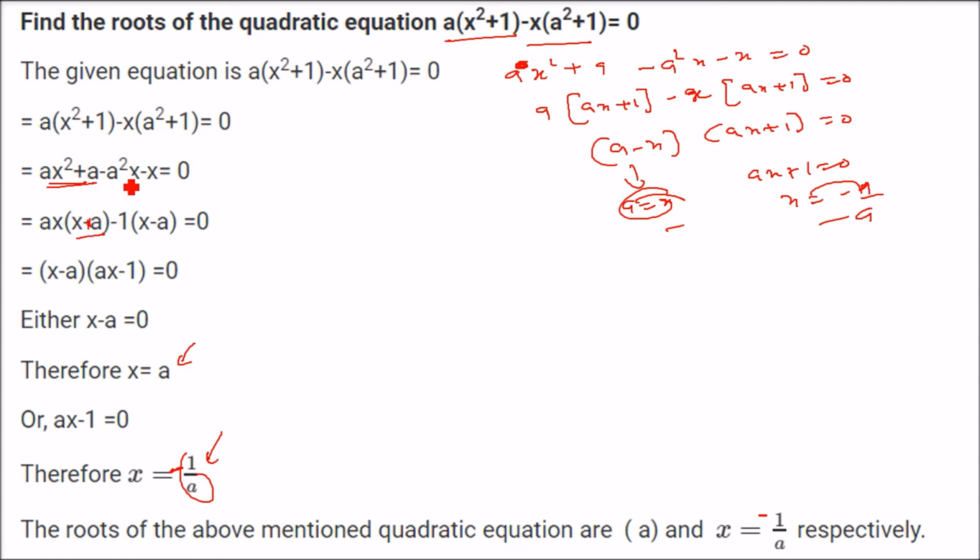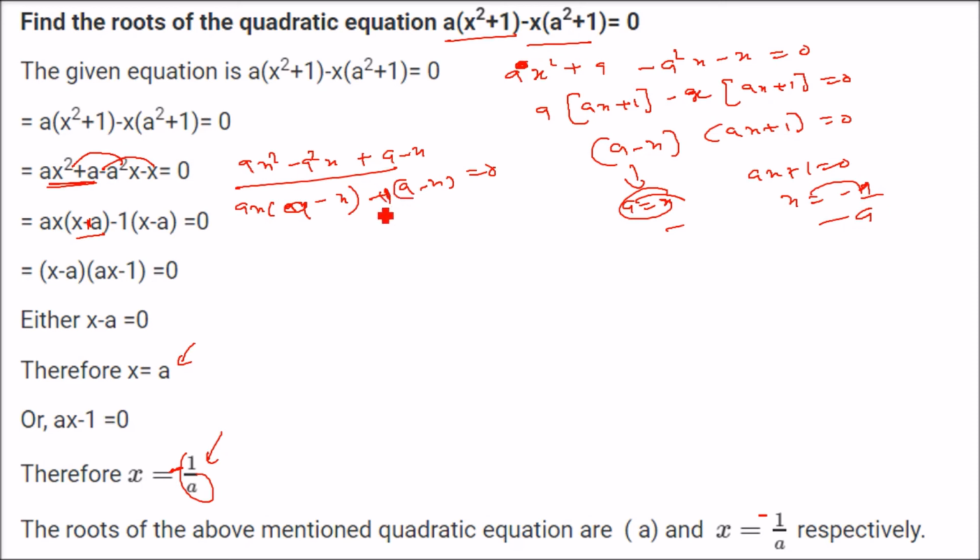Now I take these two and these two: ax square minus a square x, and this plus a minus x. So here I can take ax common. This will be ax times a minus x, plus a minus x.